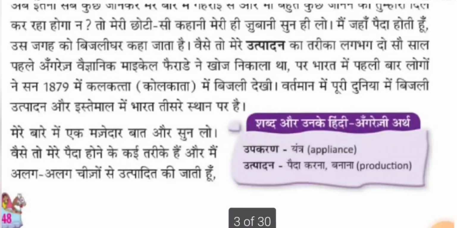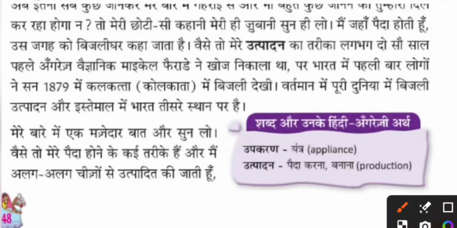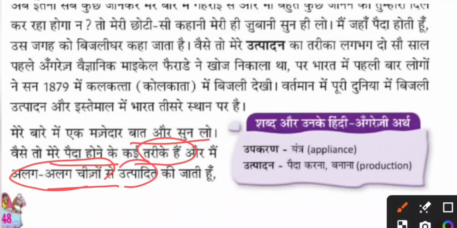Listen to one more interesting fact about me, which is fun. There are many ways in which I can be produced. I am produced from different things, raw materials. Utpadit means it has been produced.